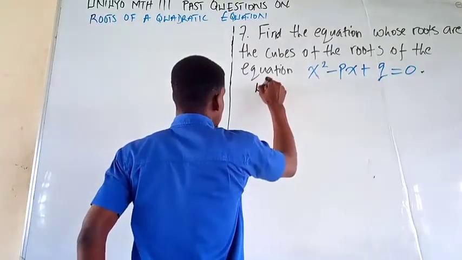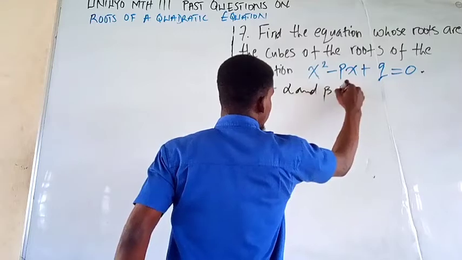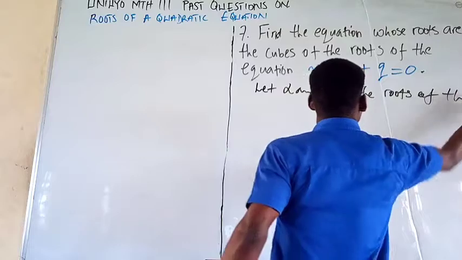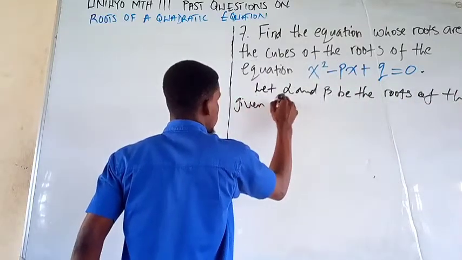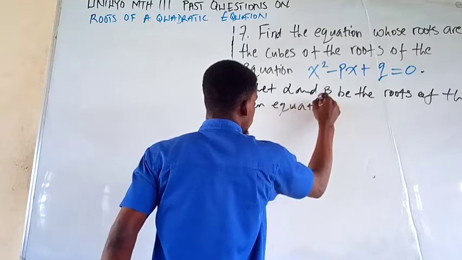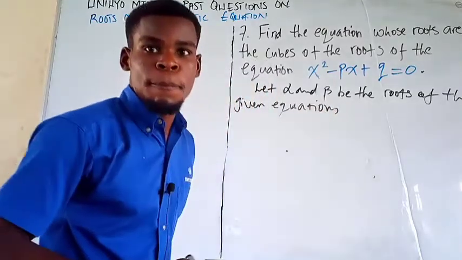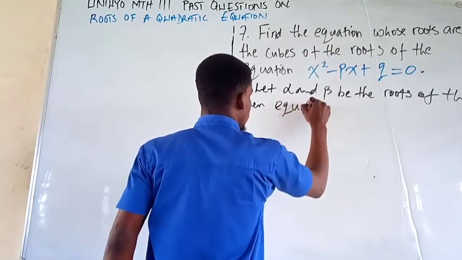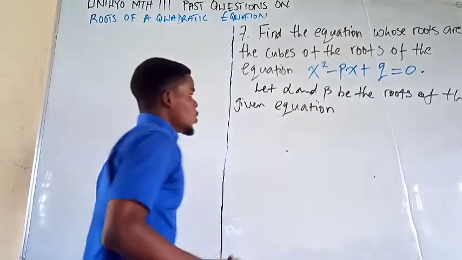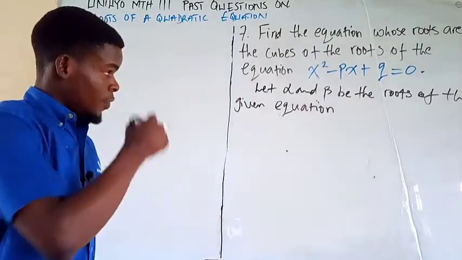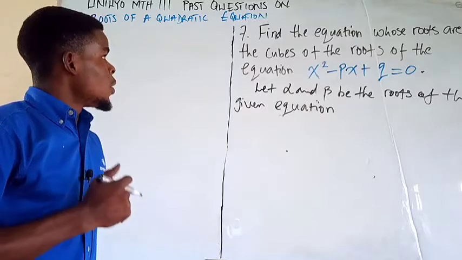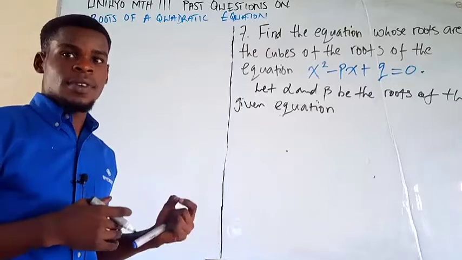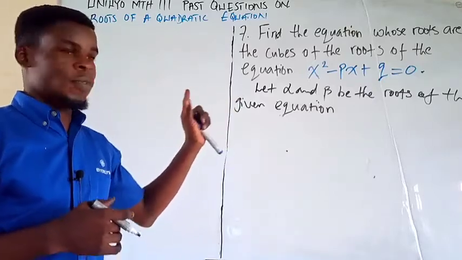Well, let alpha and beta be the roots of the given equation, right? Okay, so if alpha and beta are the roots of the given equation, then you have to find the equation whose roots are the cubes of the roots of the equation.